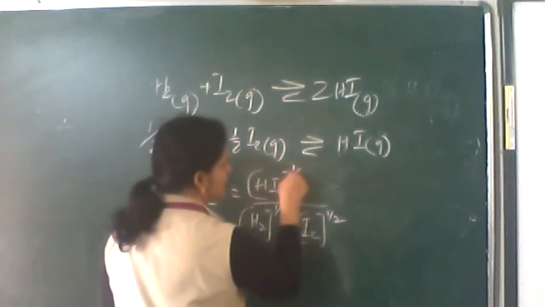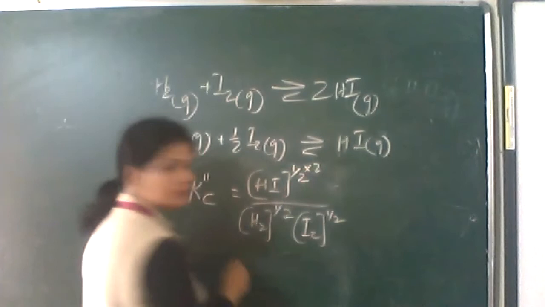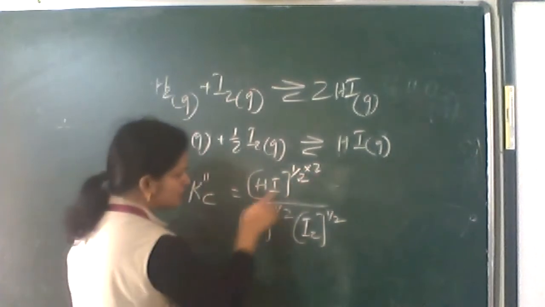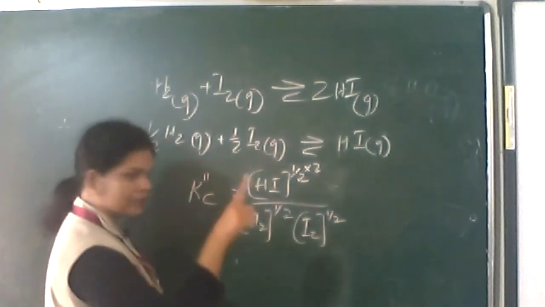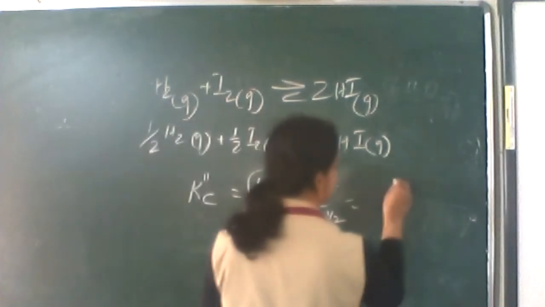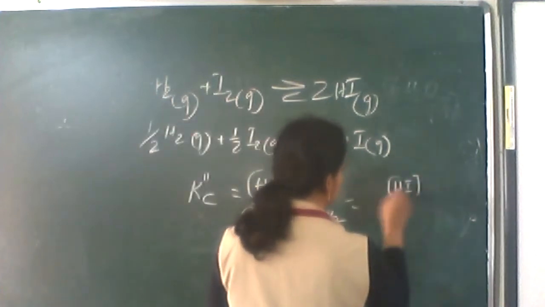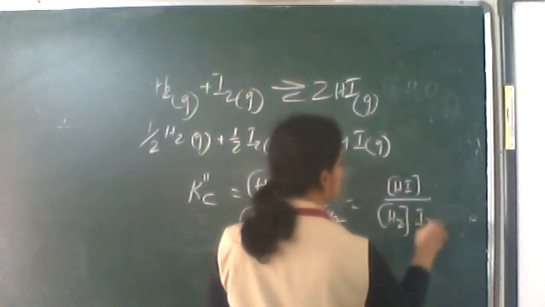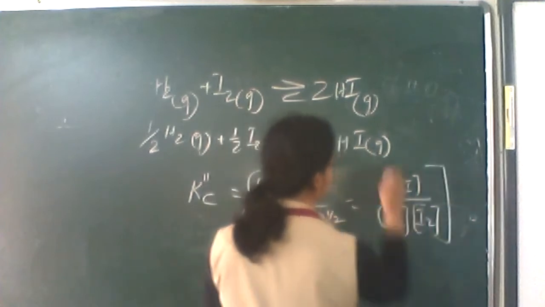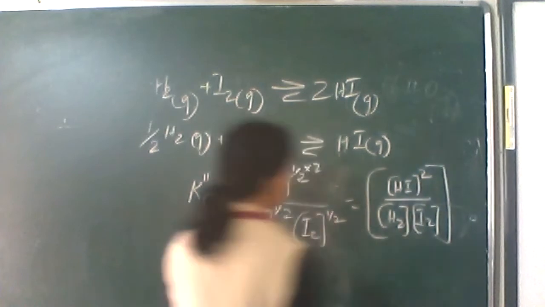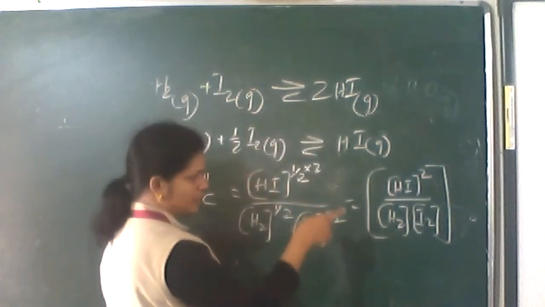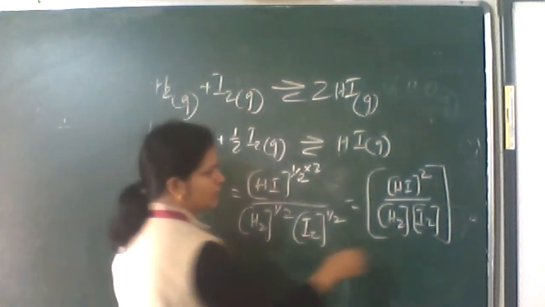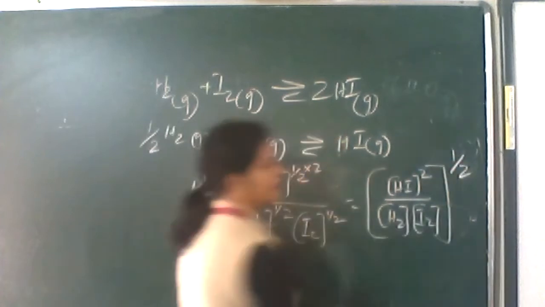So all these half I'll put inside one big bracket, that is HI square upon H2 into I2, whole to the power 1 by 2.